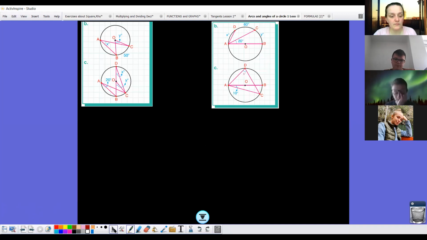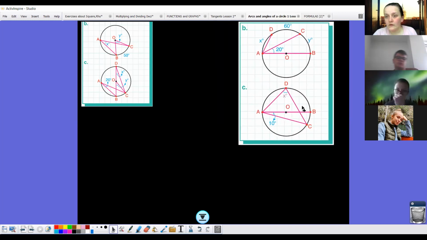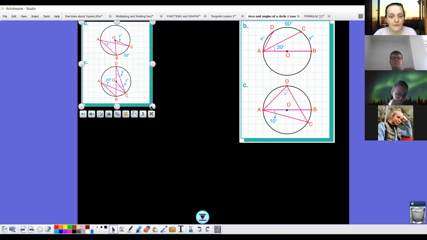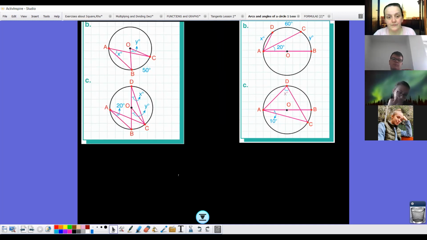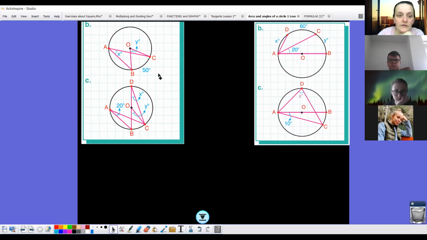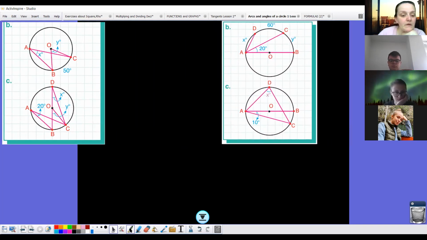Now here we have some more examples. This one and this one. Now here in B, in the first one, let me take it like this to have place to write something.